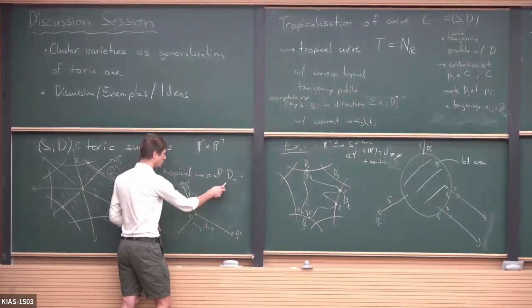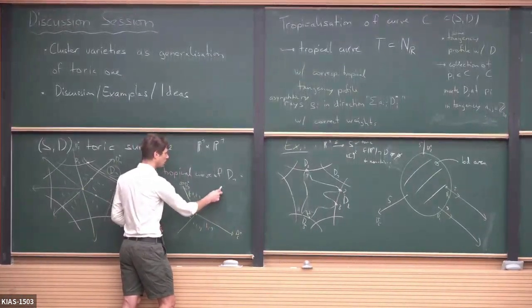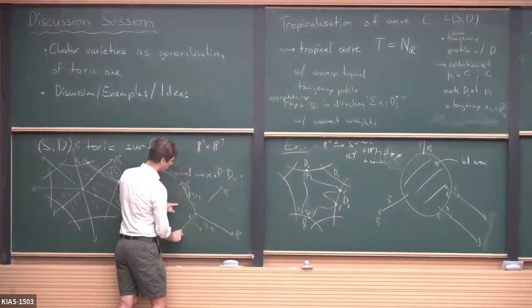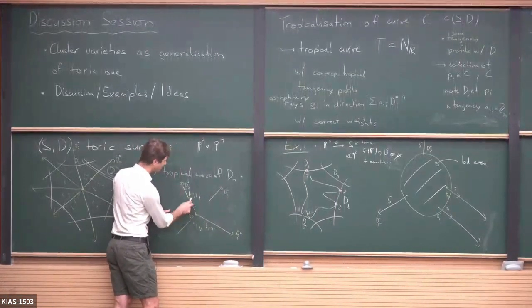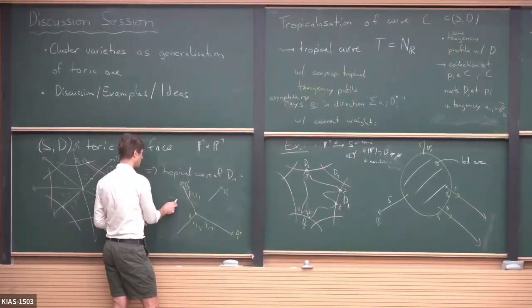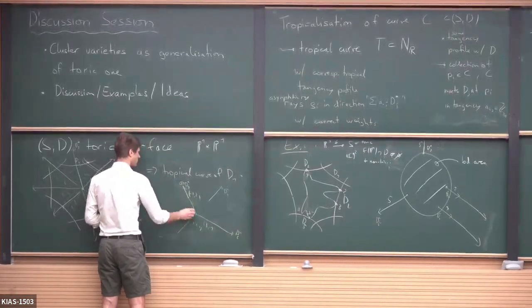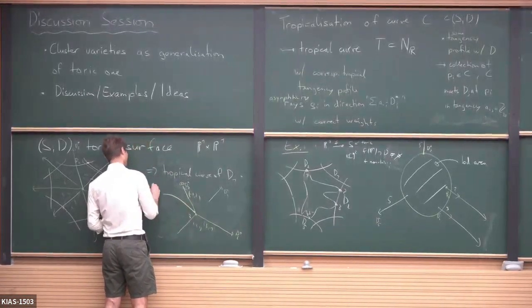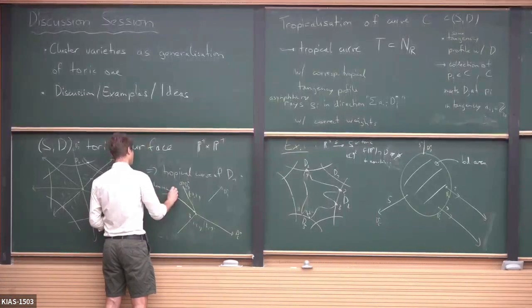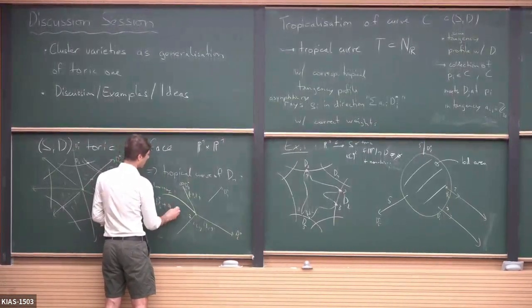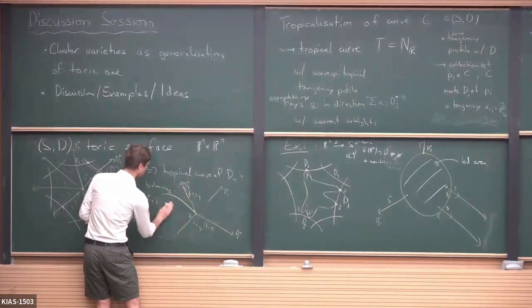So I'm saying that D1 star is actually this one, right? But in this picture, if this was the case, you could conclude that the balancing here tells you that DL star plus D2 star plus A times D1 star, let me put the D1 star in the middle.